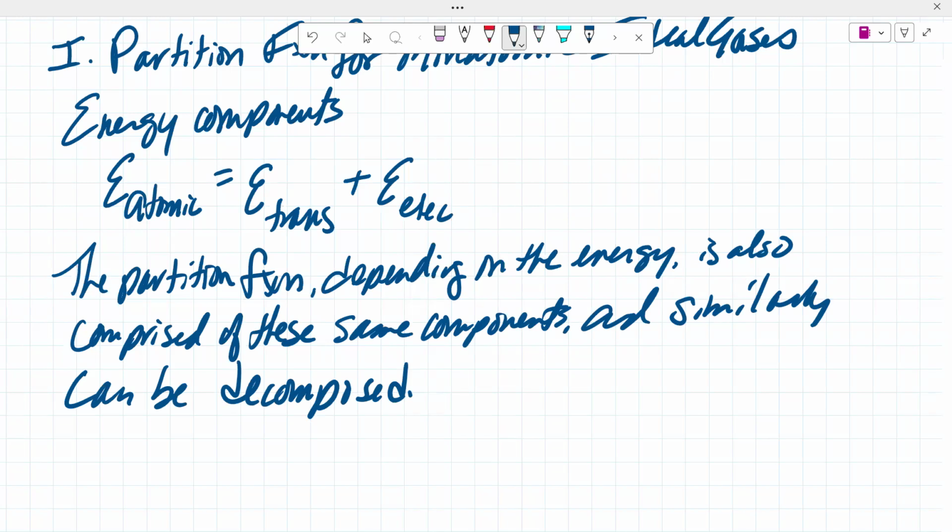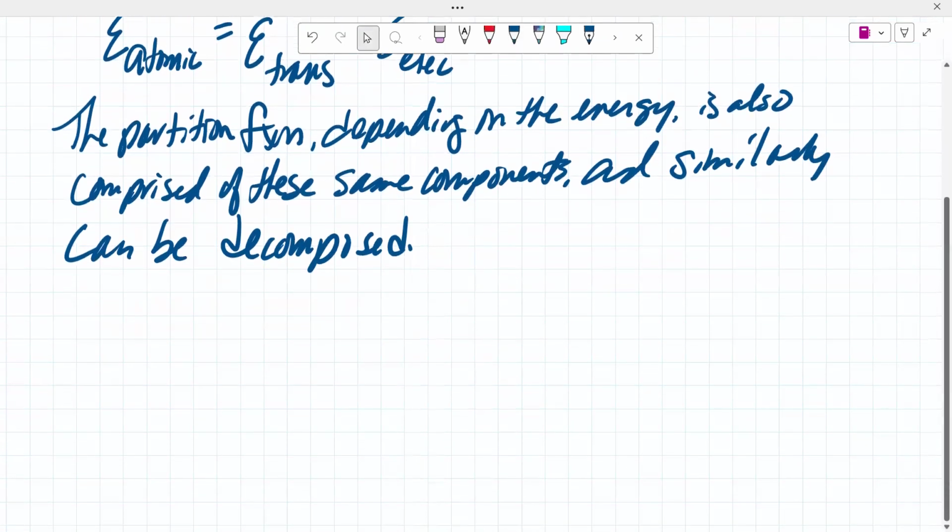Now, last time we used the big Q to represent the partition function, but we're actually going to work with the lowercase q now.